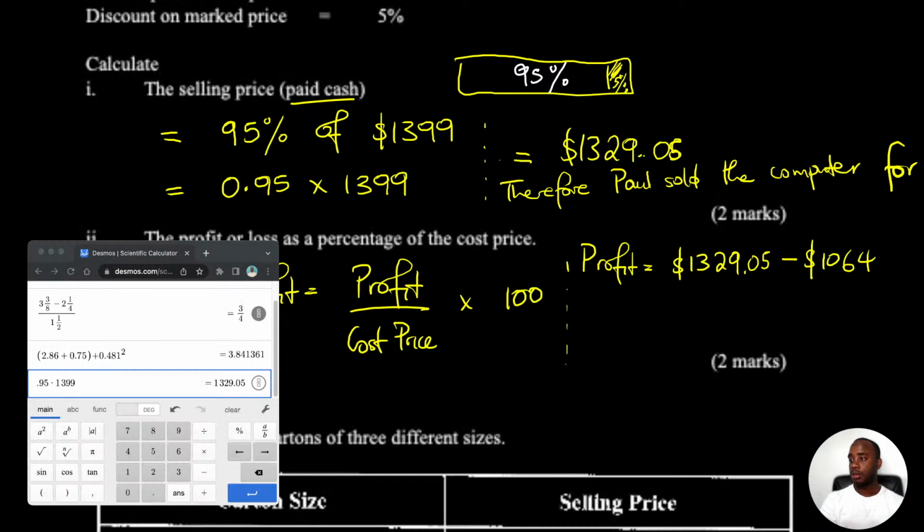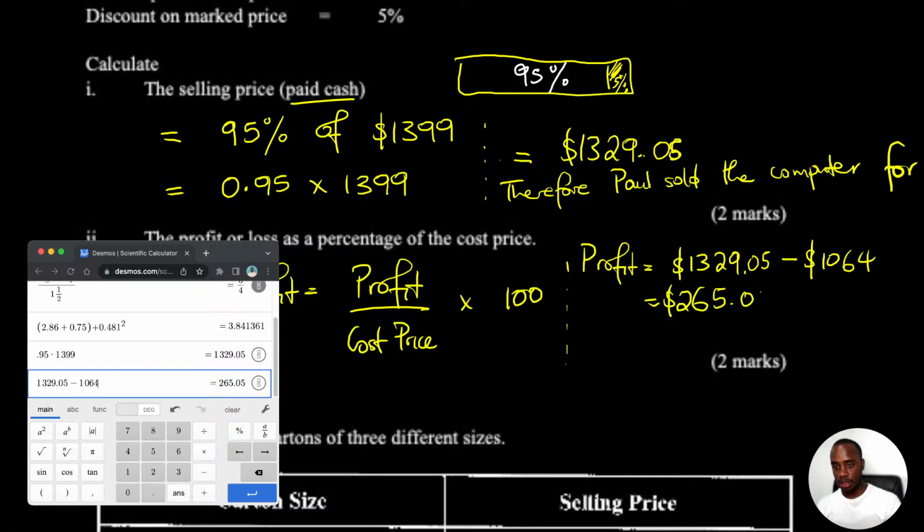Now when we work that out, $1,329.05 minus 1,064 is $265.05. So this $265.05 is what we're going to put over the cost price.